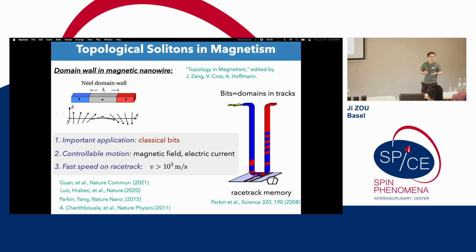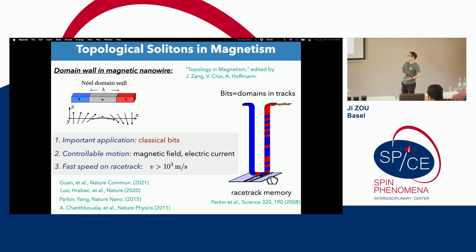Of course, we know that there are a lot of interesting proposals based on domain wall textures, generally speaking, topological textures. One well-known example is the so-called racetrack memory, where we use the domain wall textures as a classical bit to process information. A lot of experimental activities are going on in this direction.